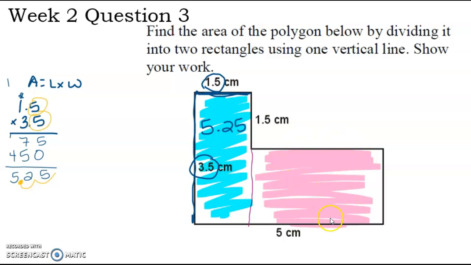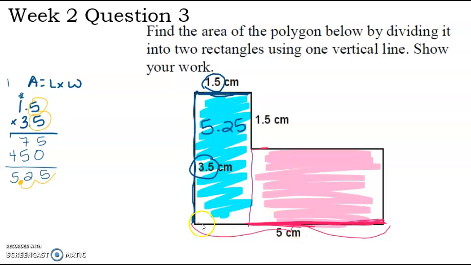But we need to find the pink one. This one's a little bit more tricky. So let me grab pink. For this part, we have to find the height and the length. Well, it gave us this number 5. This 5 centimeters is this entire thing, but I only want this much of it.